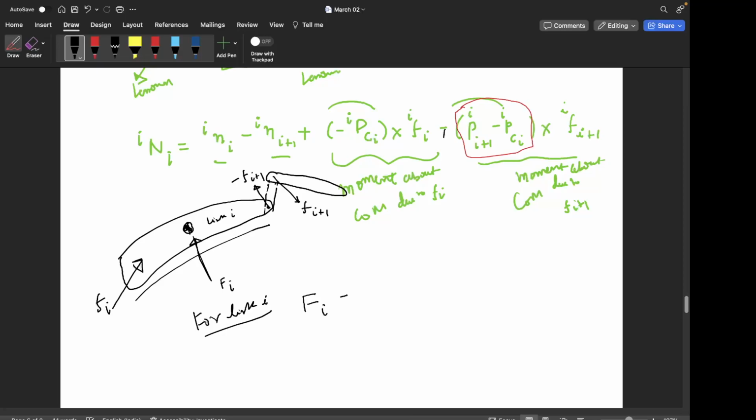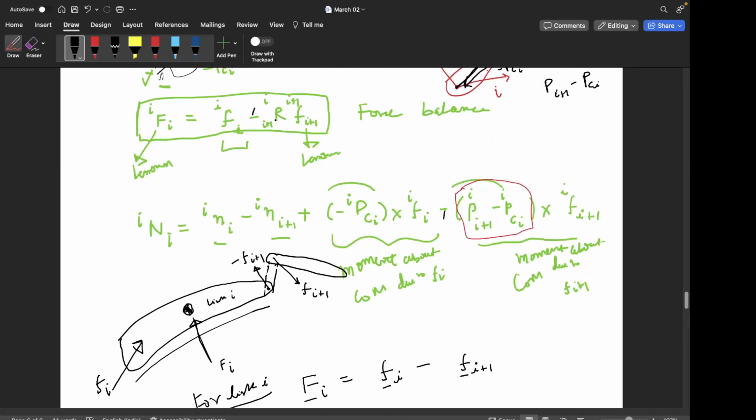So Fi should be equal to the small fi and minus Fi plus 1, right? If you write this in frame independent form, and this rotation matrix is just a frame transformation.